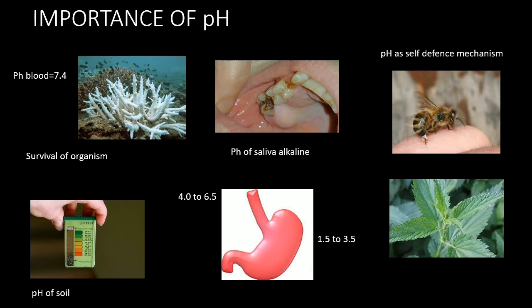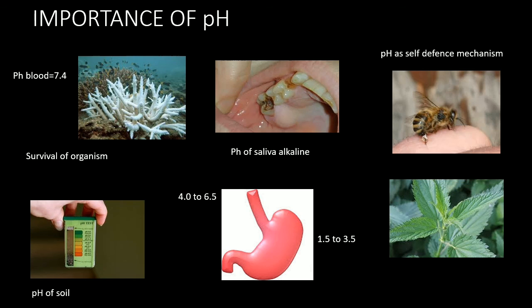The importance of pH is also exhibited in the soil. Plants thrive best in neutral or slightly neutral soil. If the soil medium gets highly acidic or highly basic, the growth of plants will be retarded. Highly acidic or highly basic media have a very bad effect on their growth.